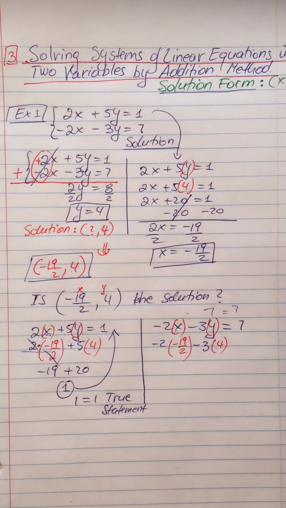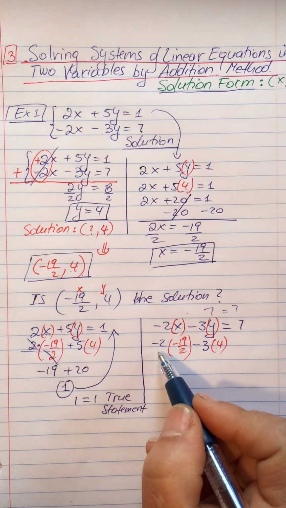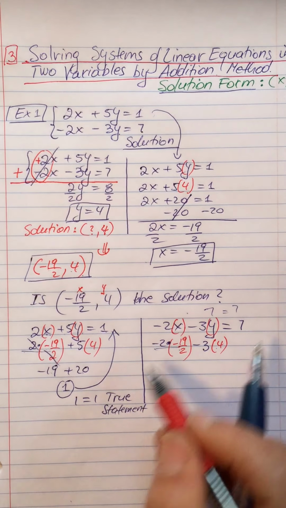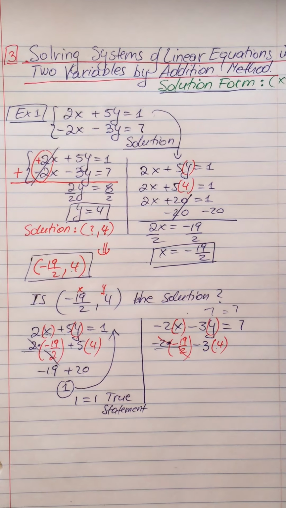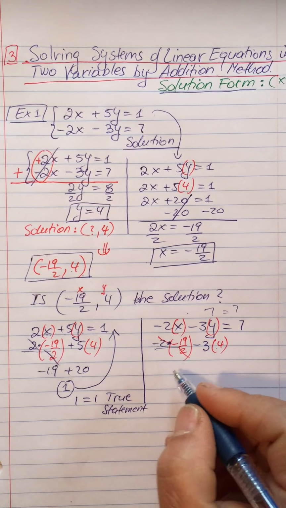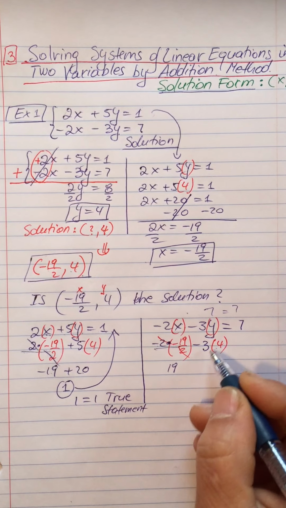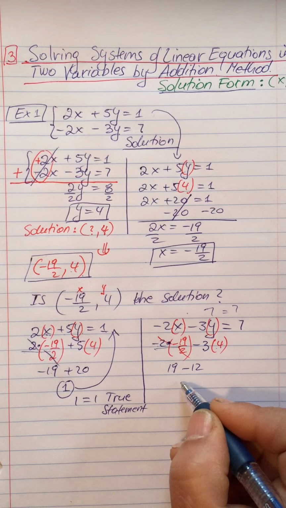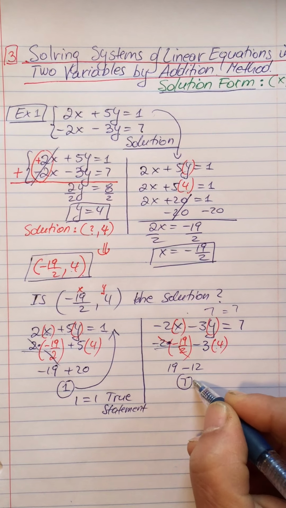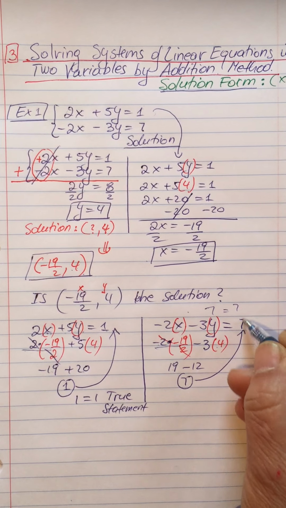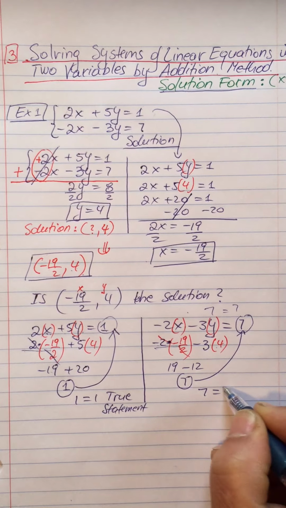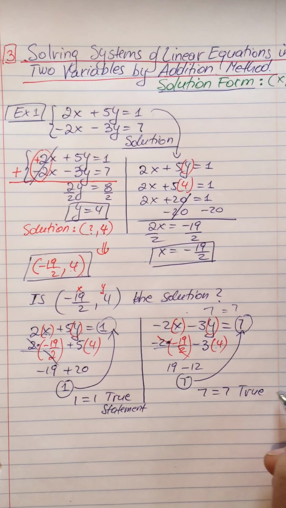Let's work on the left side. Let me extend the fraction bar here. 2 divided by 2 is 1. So negative 1 times negative 19 becomes positive 19. And negative 3 times 4 is negative 12. So 19 minus 12 is 7. So still the left side is equal to the right side. So I have 7 equal to 7, which is a true statement.